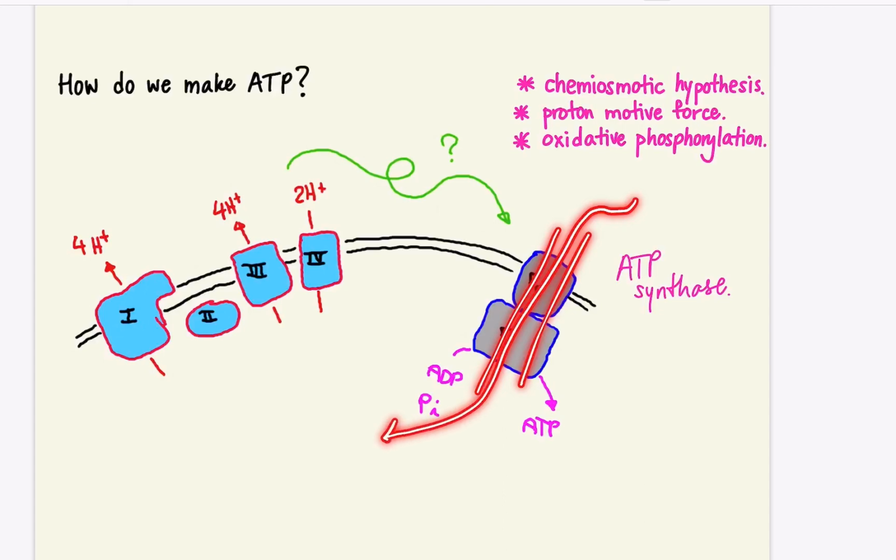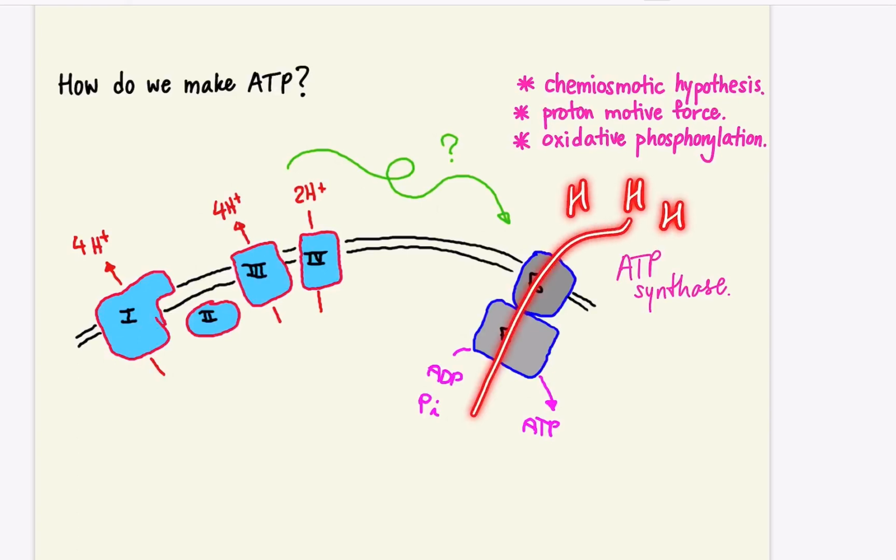They will rush back down into the matrix because of this electrochemical gradient across the membrane. Once these protons rush in, they will produce enough energy to take ADP and phosphorylate it into ATP. That's an easy way of understanding how ATP synthase works.